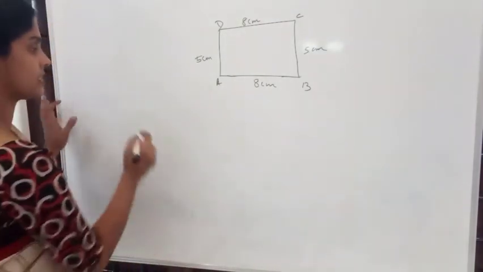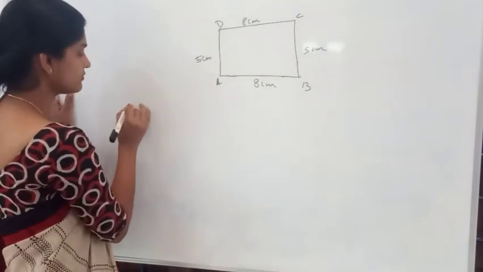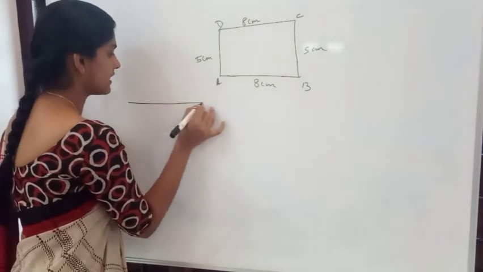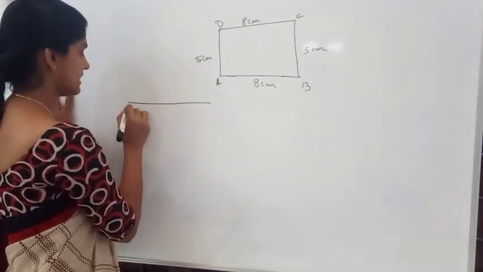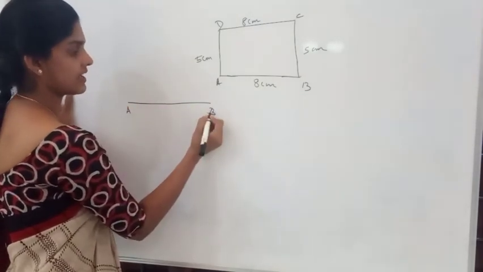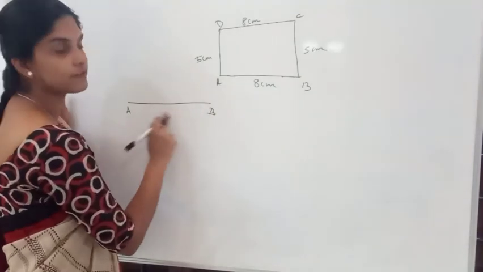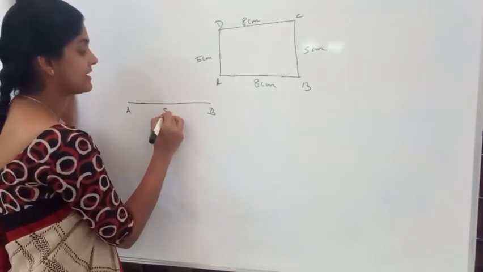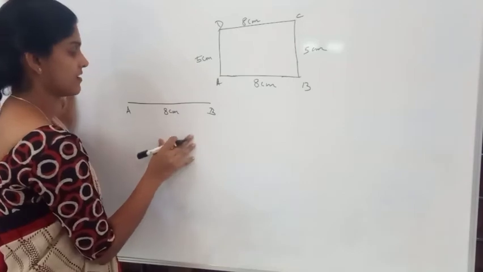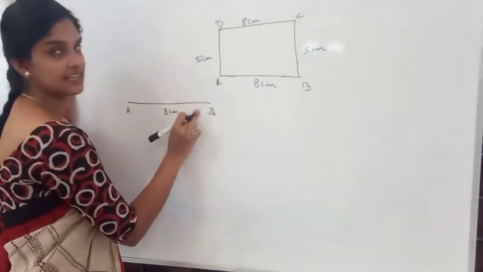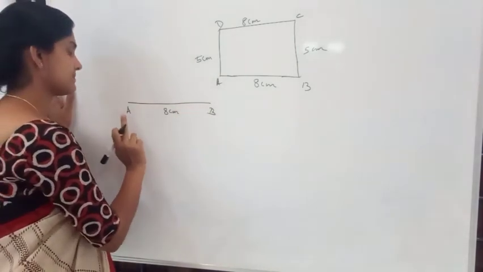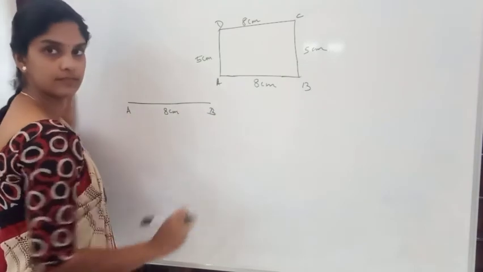It's simple. First, what will you draw? First you will draw a line. We shall name it as AB. What will the length of this line be? 8 centimeter. First you draw a line of 8 centimeter and name it as AB.